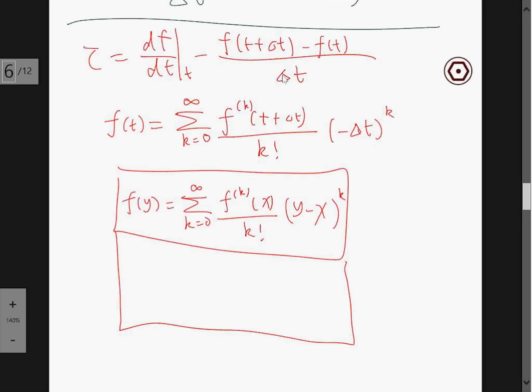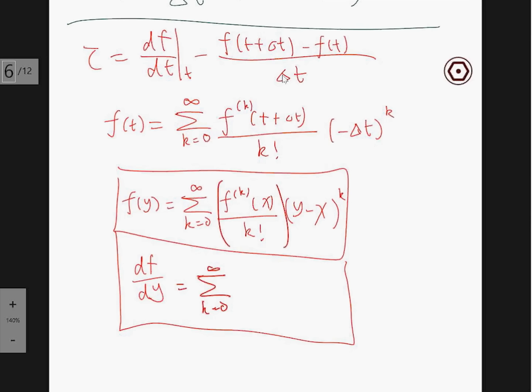On the left-hand side, df dy is equal to the summation from k equal to 0 to infinity. What is the first term when taking the derivative with respect to y? It's a constant. There is no derivative.